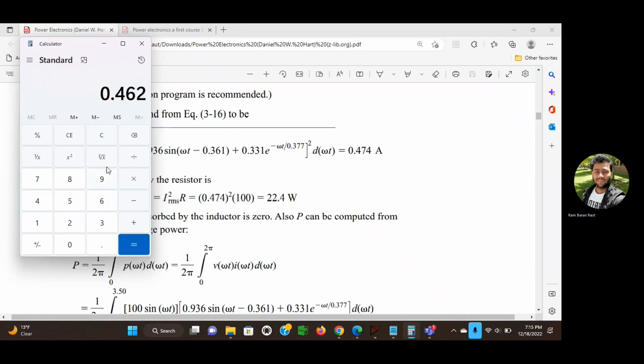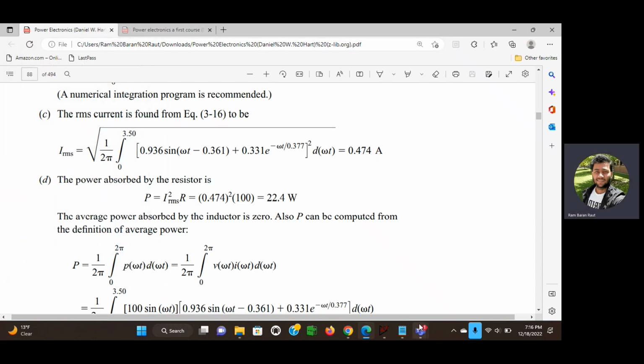We can square this one. I'm going to use my calculator: 0.462 squared, multiplied by 100, the resistance value.